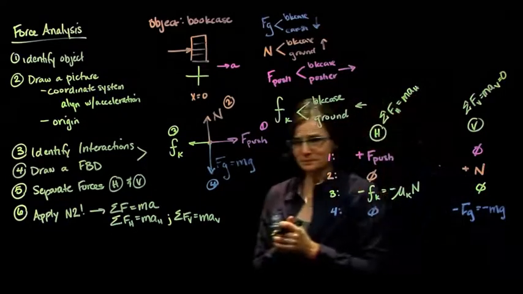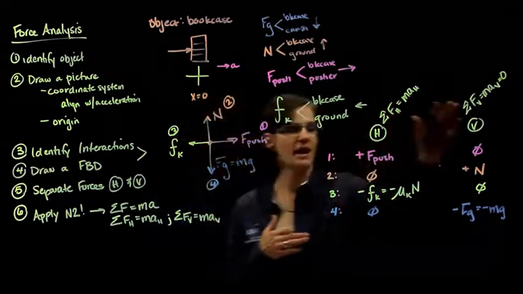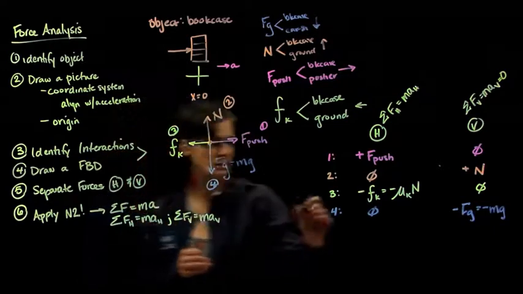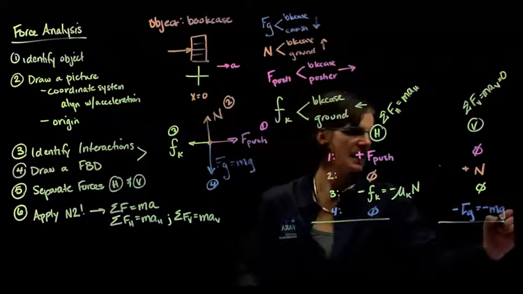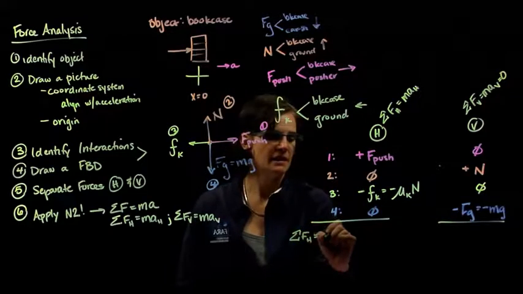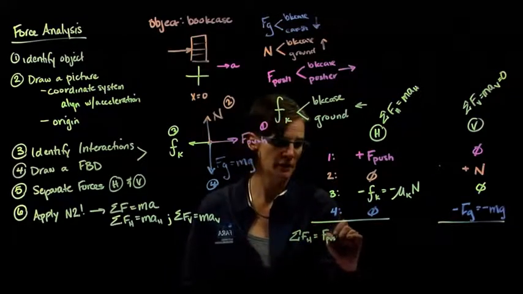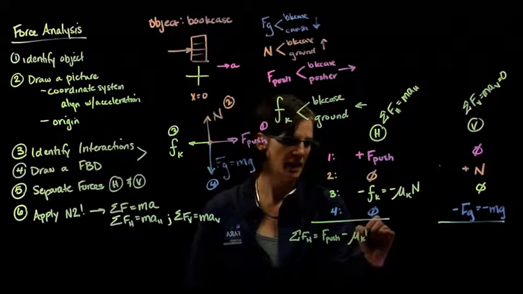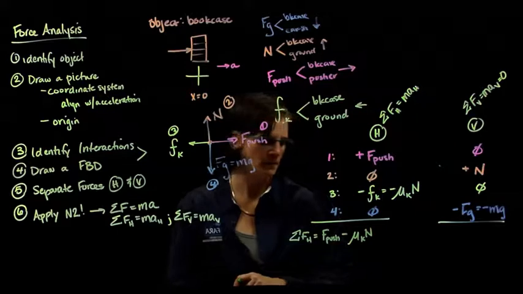Okay. After we identify which direction the acceleration is in, we continue to apply Newton's second law and sum the forces. So the sum of the forces horizontally is equal to the force of the push minus the frictional force, mu sub k times the normal force.